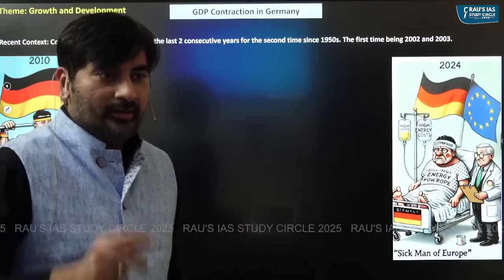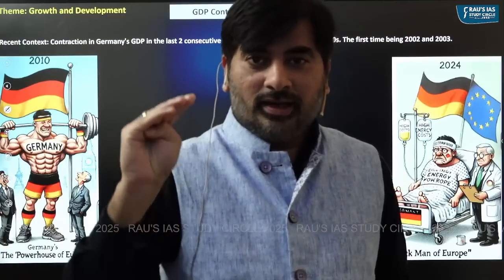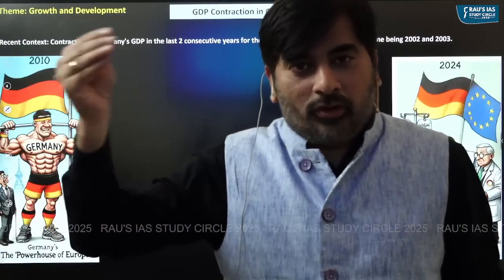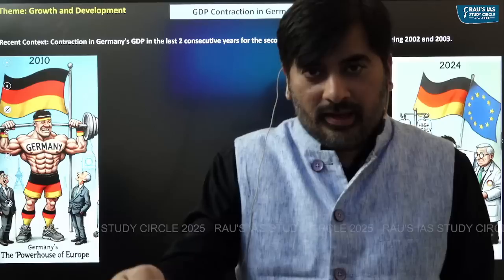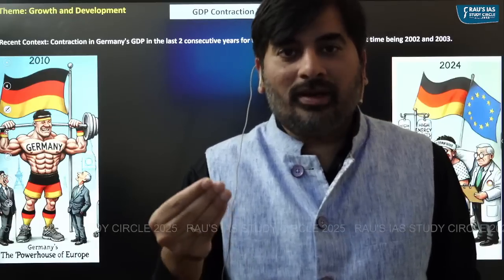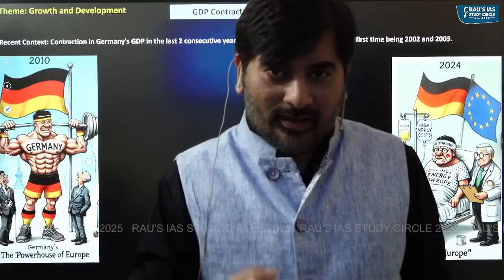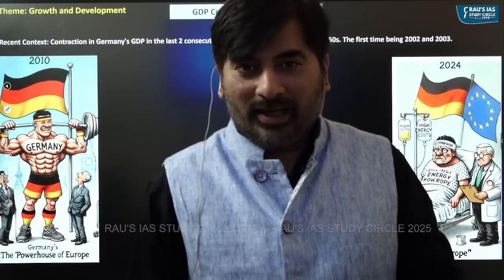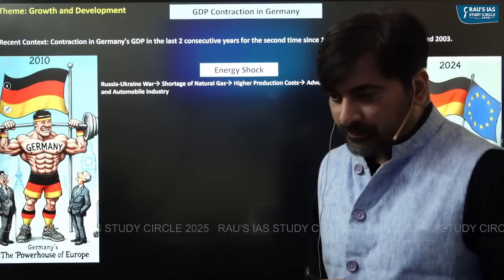It is being said that Germany has faced 4 shocks in the recent past. Because of these 4 shocks only, Germany has got into this kind of economic situation. What are these shocks? Let's understand these shocks one by one, starting with the energy shock.